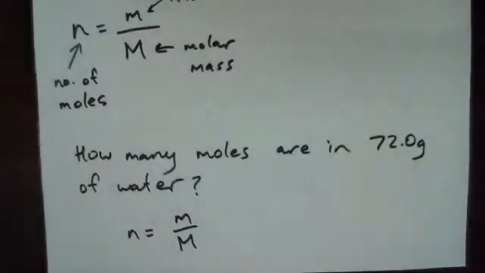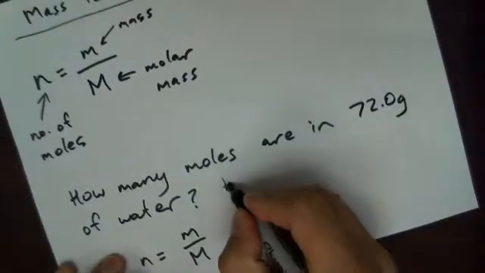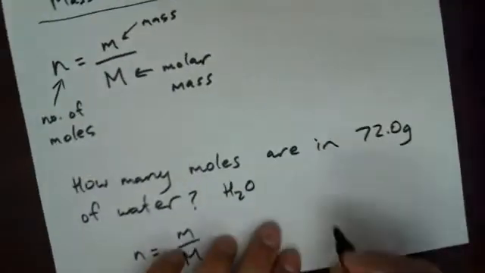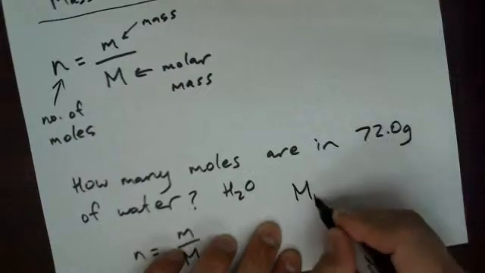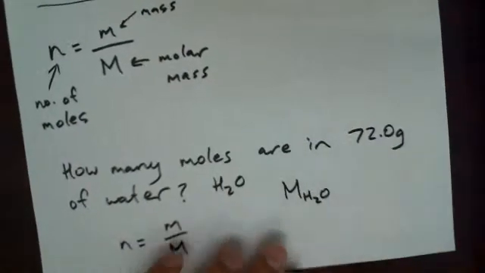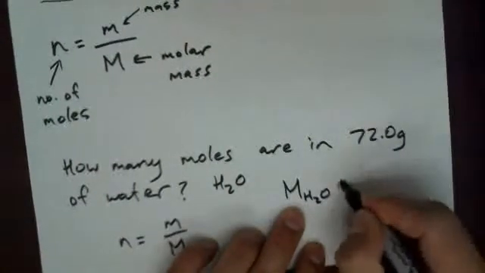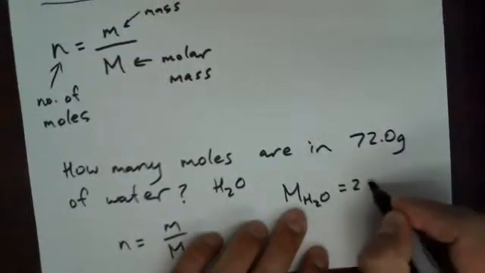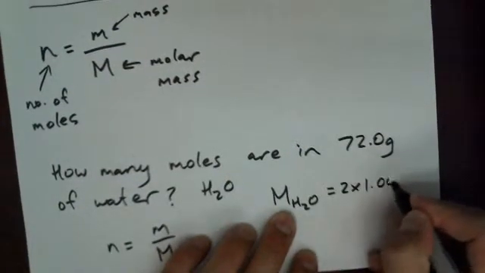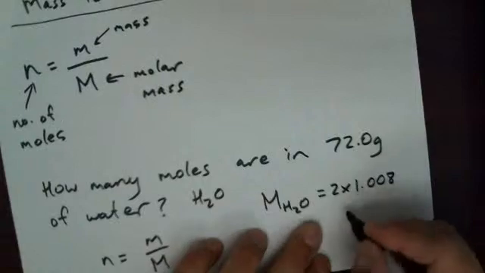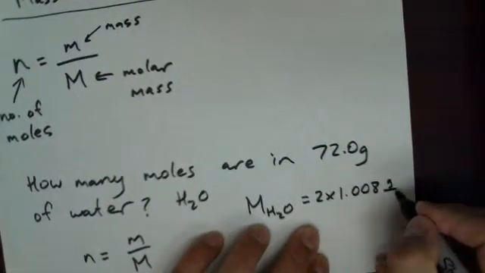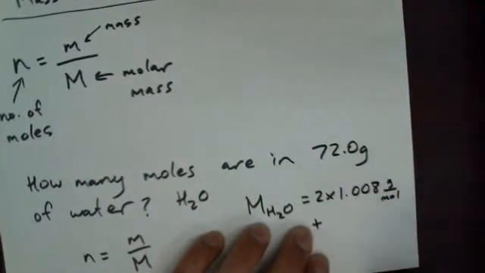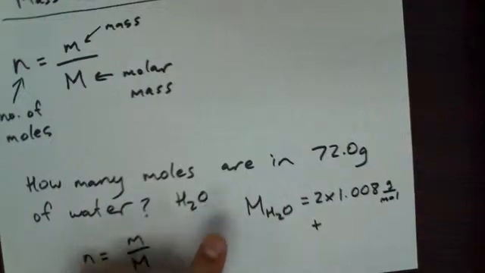And so, because water is H2O, we know that the molar mass, and I like to use subscripts for these, the molar mass of water must be 2 times 1.008, and that would be grams per mole, plus the 16 for the oxygen.